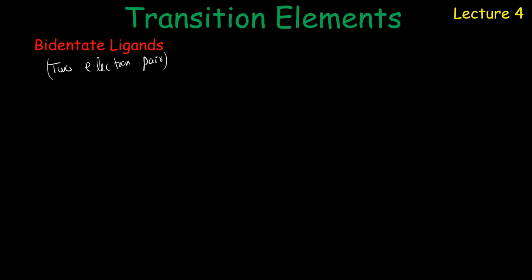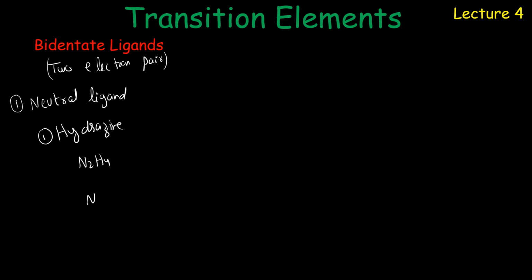Now if we discuss about number one, the neutral ligands, the example number one is hydrazine. In hydrazine, the formula is N2H4, may write as NH2-NH2. There are two nitrogens, both contain lone pair. तो ये बच्चे आपके पास bidentate ligand है.